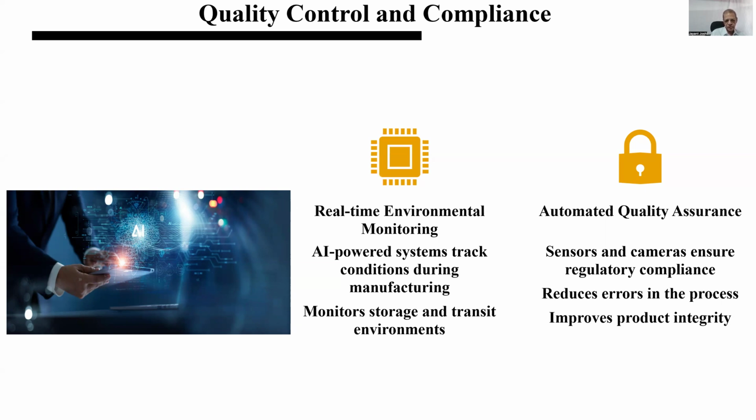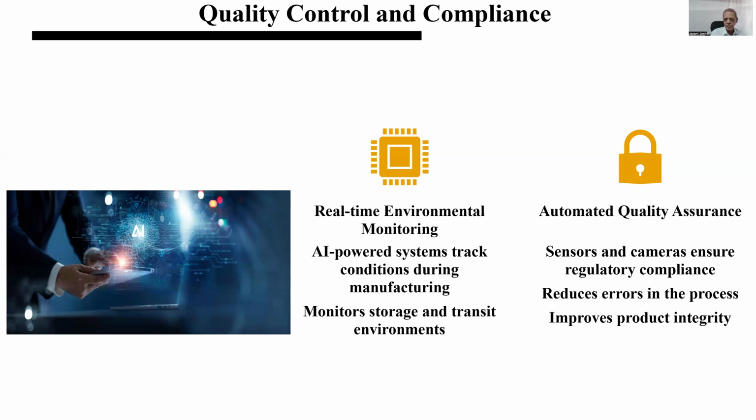This impacts your product quality, which is very important. Even the storage and transit environments play an important role in maintaining the quality of the products, and that is supported by AI-based systems which monitor these parameters.